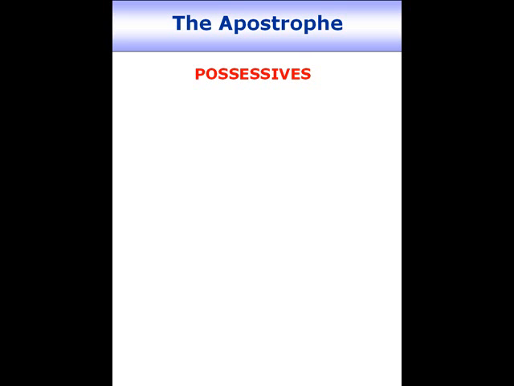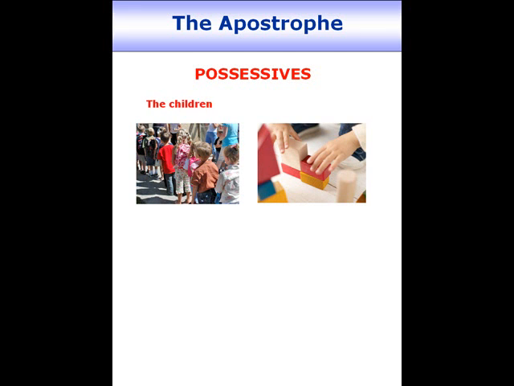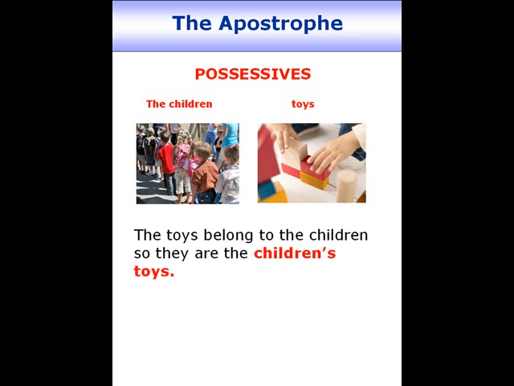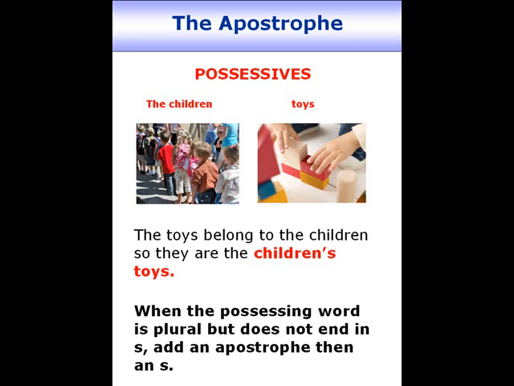Okay, we're nearly done with the possessive now, but I'd like to look at one last example for you. Meet the children and take a look at their toys. Now, children is the possessing word here, and children is plural but does not end in S. So the toys belong to the children. They are the children's toys. So here's the rule.